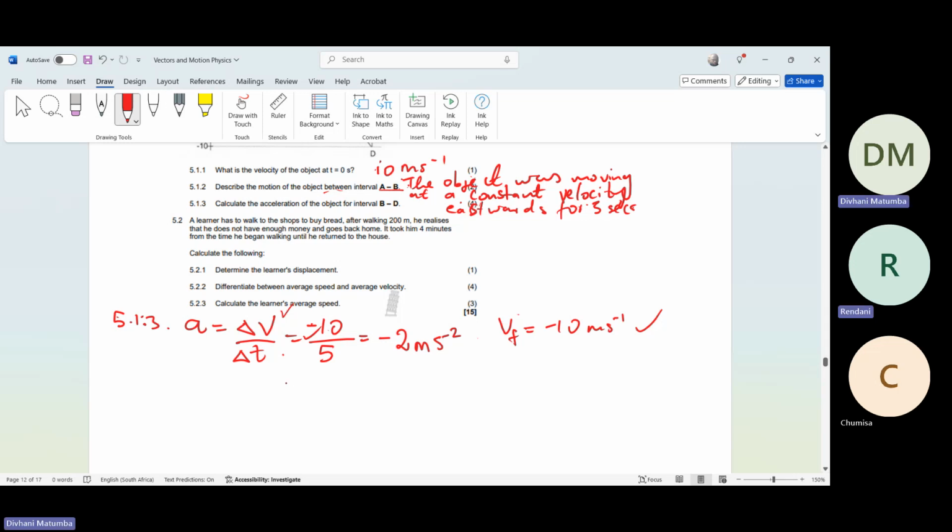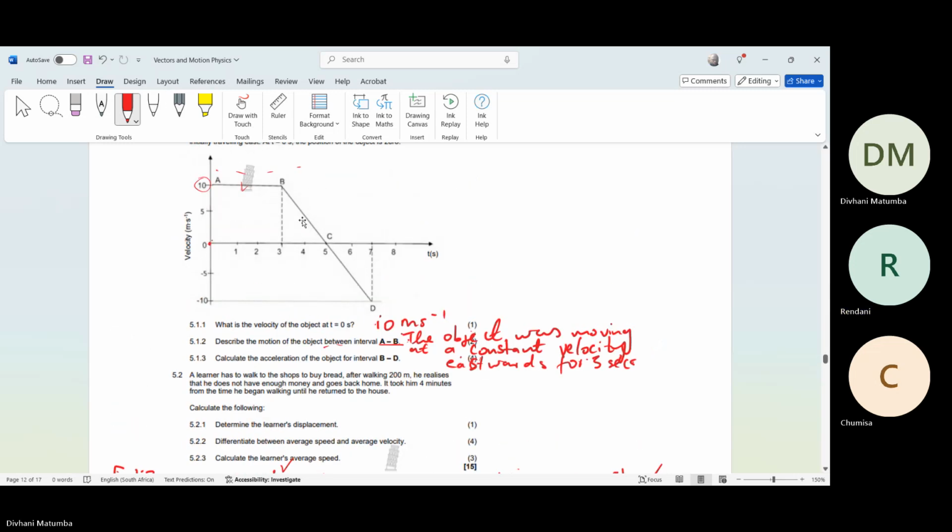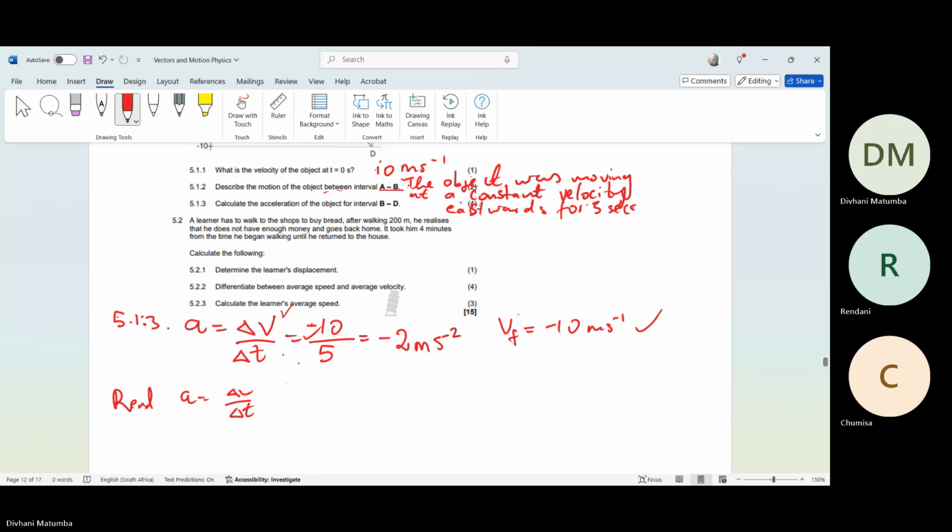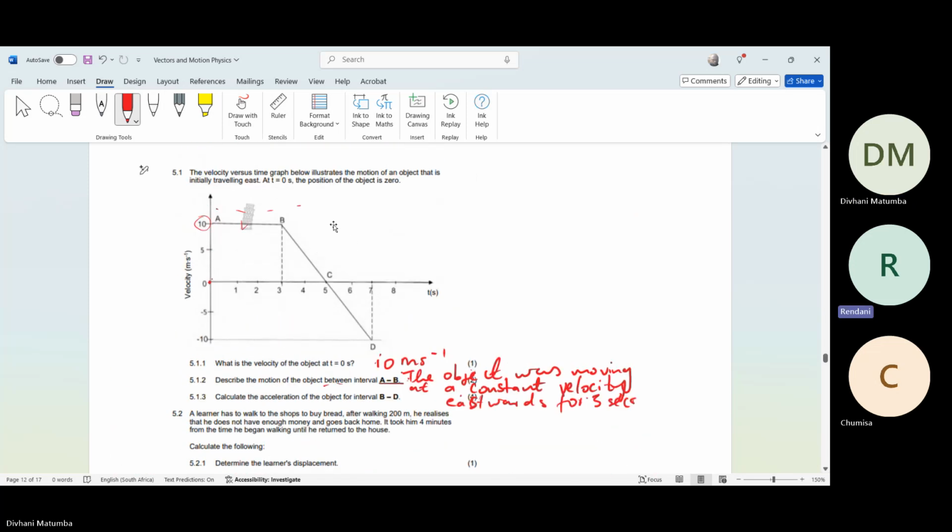Yes. Okay. And then I said negative 20 over 5. Where did you get the negative 20? Go back to the graph, please.